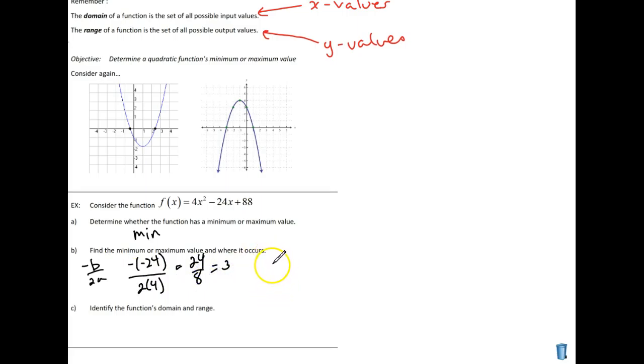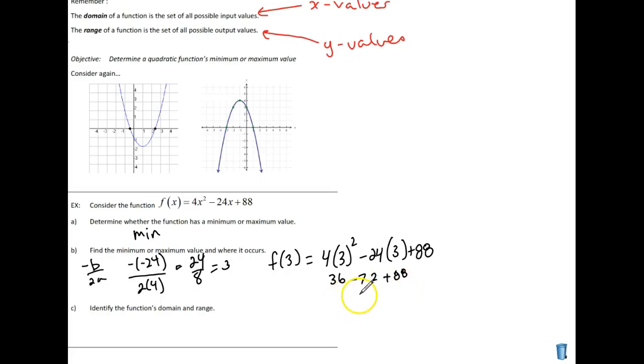Now that's not enough. I actually have to figure out what my function is at that 3 value. So 4 times 3 squared minus 24 times 3, plus 88. 3 squared is 9, and 9 times 4 is 36. 24 times 3 is 72, so minus 72, and then plus 88.